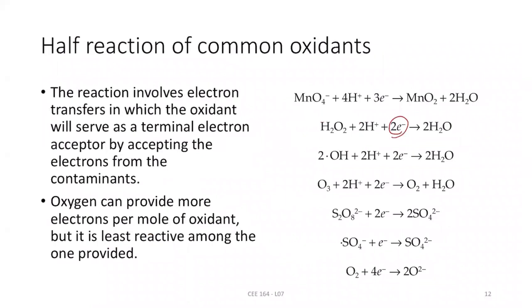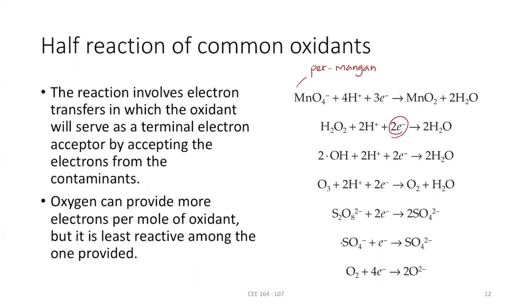Any guess between permanganate and hydrogen peroxide? Just by looking at these equations. You have to guess one. Permanganate, yes. The reason is, if you think of what oxidant means, it removes electrons. So this is for manganese, right?